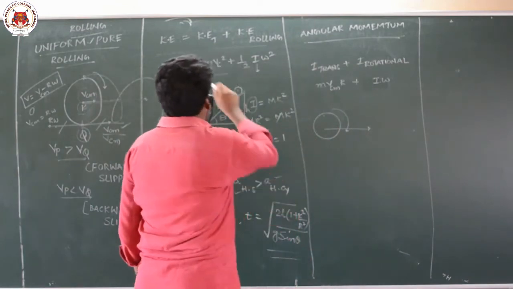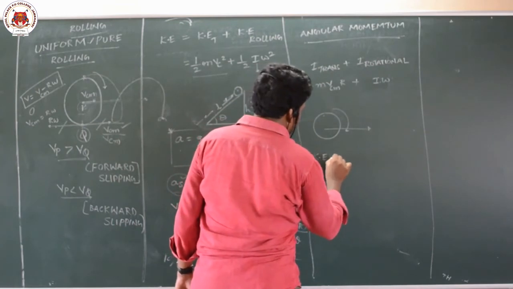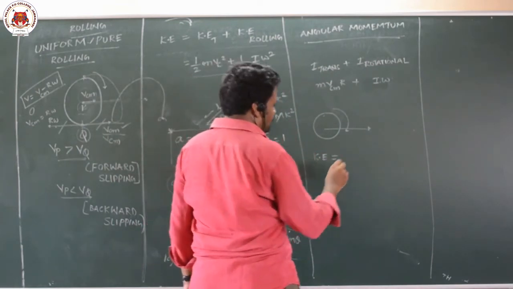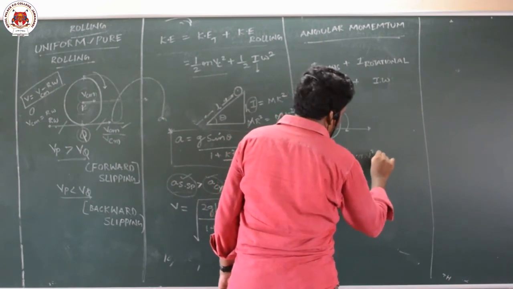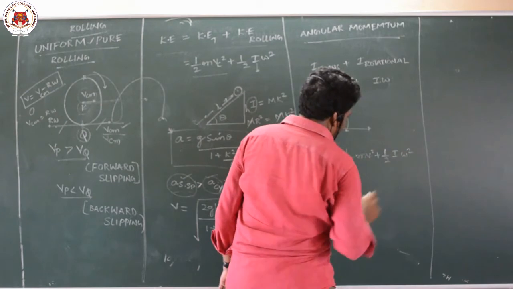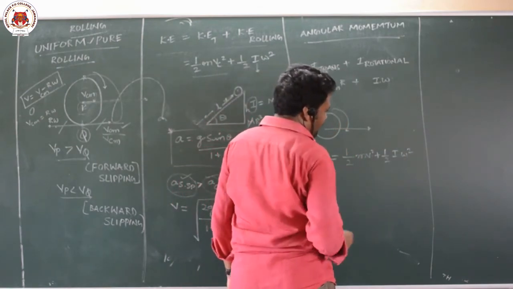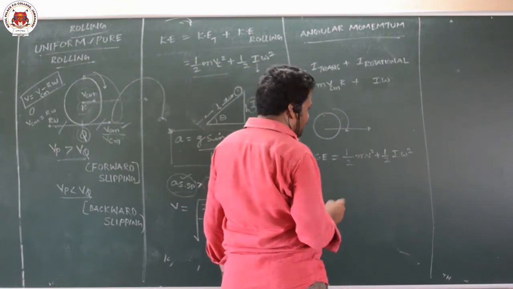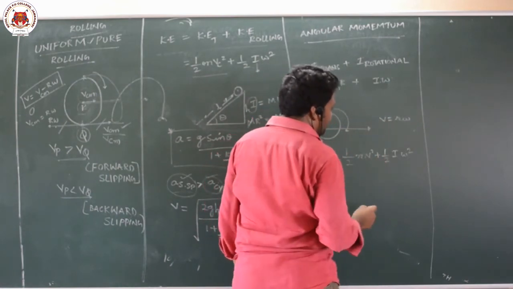And here also, once you know this formula, kinetic energy is equal to half m v square plus half I omega square. This I can write as mk square, and v is equal to r omega. Omega you can write as v by r.